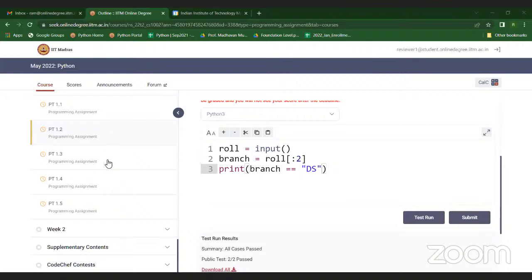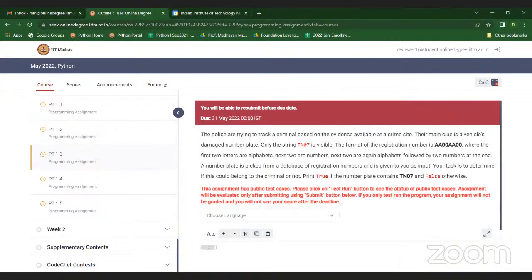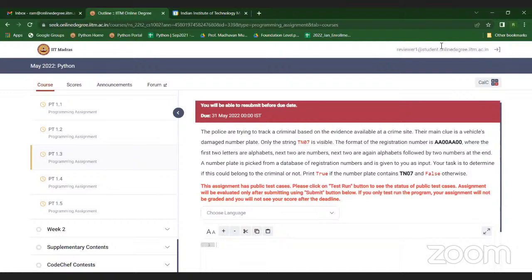Sir, I tried solving this using if-else but the test cases failed. You should not be using if-else because this is week one, but you could solve it with if-else also. If you did not get it, you should check your code.